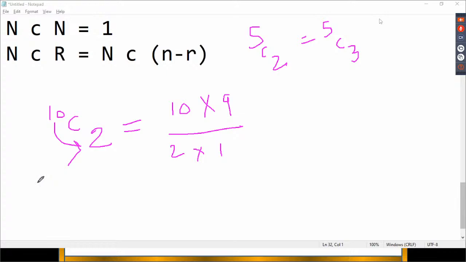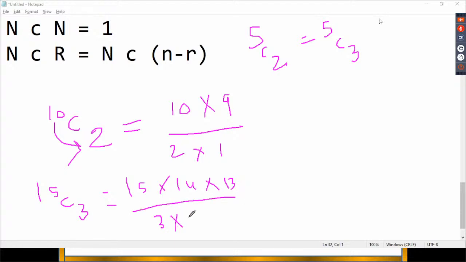For example, if you have to take 15C3, 15 is reducing 3 times: 15 into 14 into 13, divided by 3 reducing up to 1, that is 3 into 2 into 1.